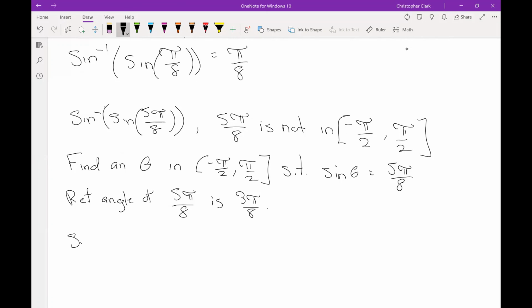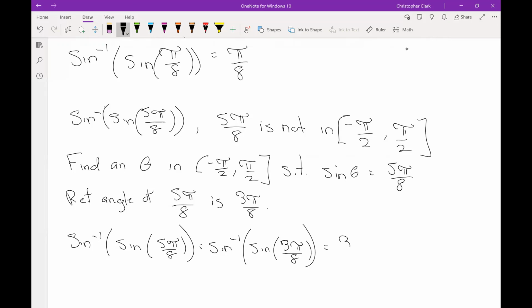So we can say that sine inverse of sine of 5 pi over 8 equals sine inverse of sine of 3 pi over 8. And because our 3 pi over 8 now makes sense, and we're now allowed to do this, sine and sine inverse just undo each other. And we just get 3 pi over 8.